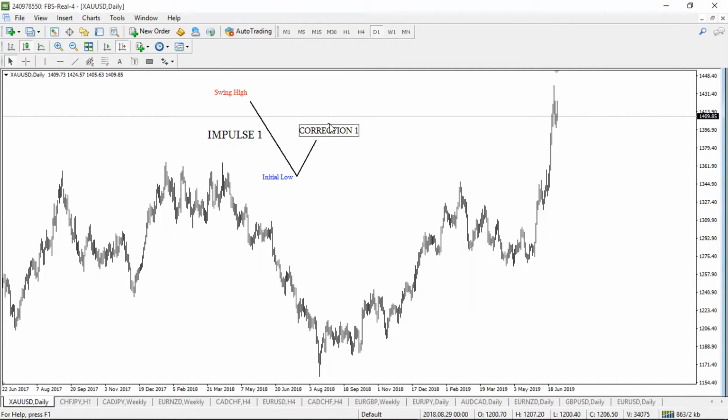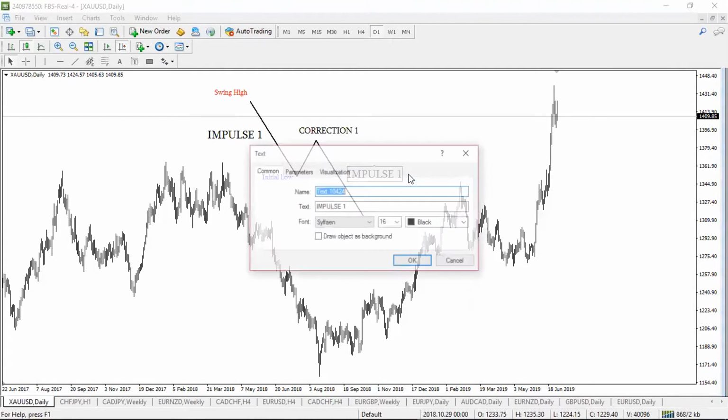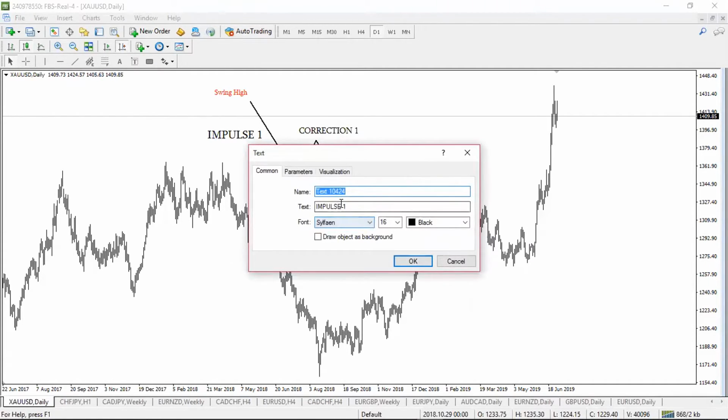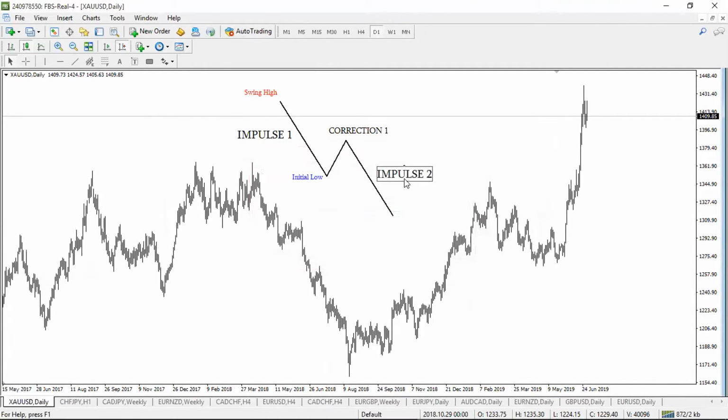Then you get a second impulse in the direction of the trend. It's your impulse 2. You can get another correction after this one. So if you have something like this, you can say you have a downtrend, because this is your impulse, this is your correction, this is your second impulse.